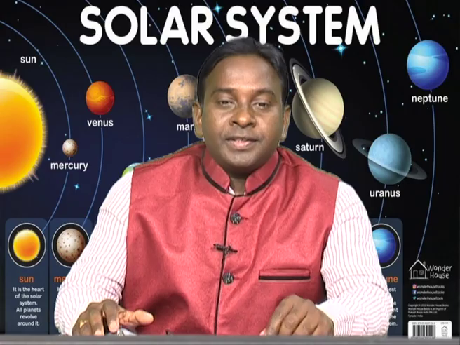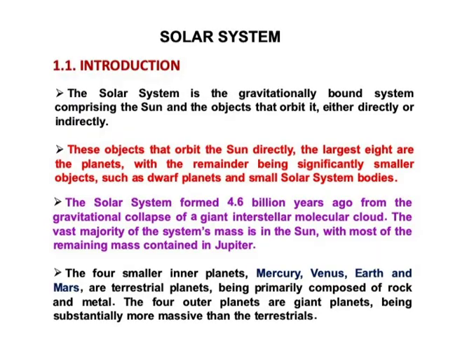Now, we are going to discuss the solar system. A solar system is a gravitationally bound system comprising the sun and the objects that orbit it, either directly or indirectly.